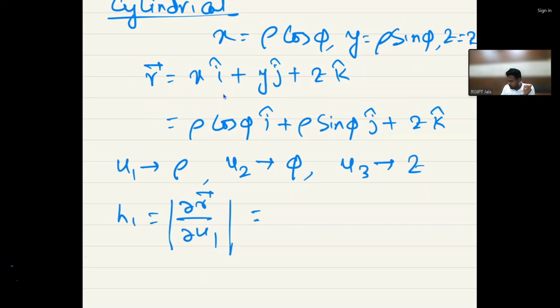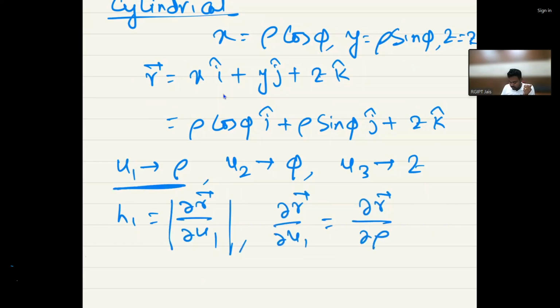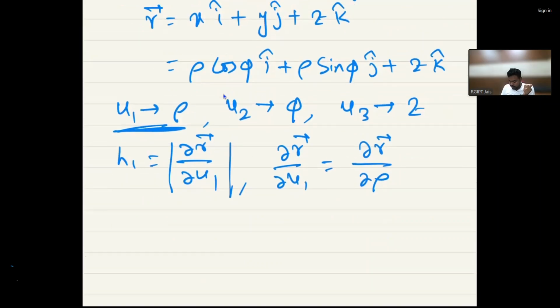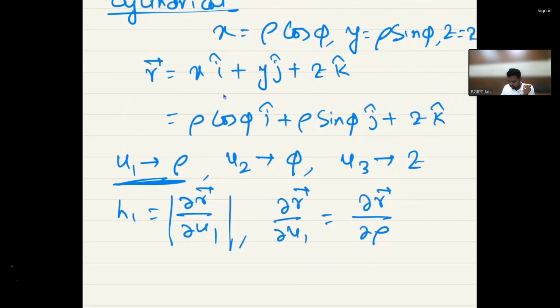So what will be this value? Okay, so what is del R by del U1 then? Here in our case, del R by del U1 is equal to del R by del rho because U1 is rho, right?